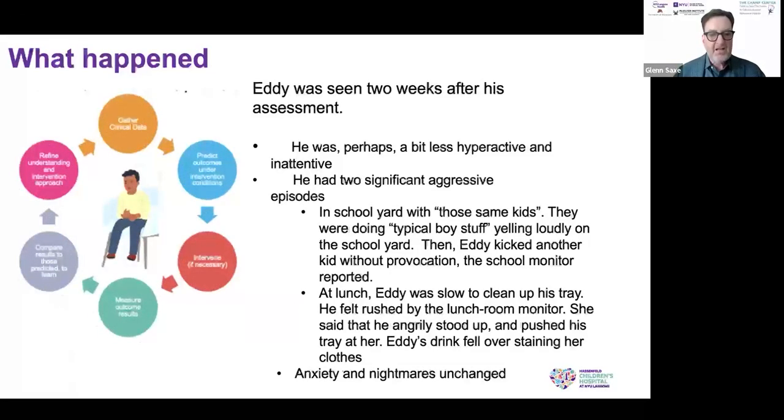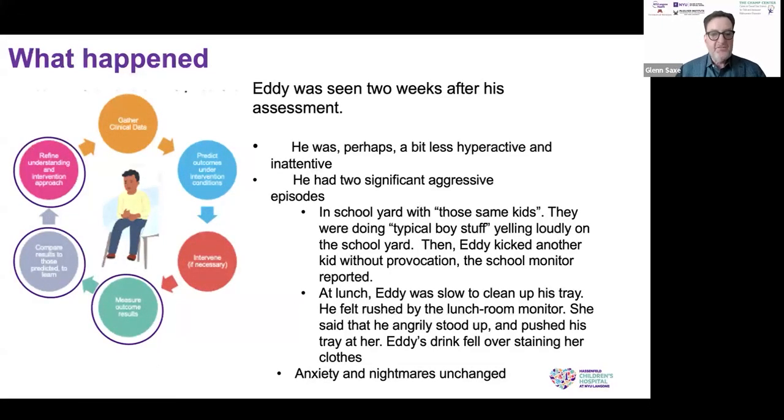And again, that fits here. Okay, you've intervened, measuring the outcomes. Then you compare results to your expectations, and then you decide whether you should be refining your understanding or whether you shouldn't have expected change to occur in this period of time.